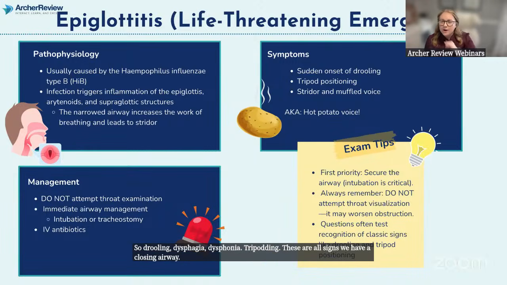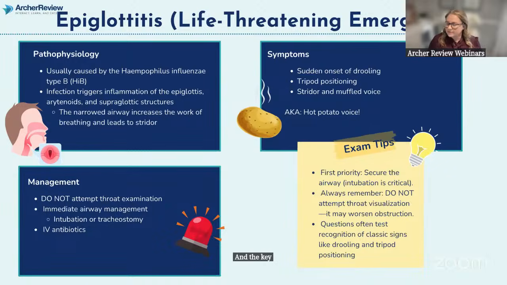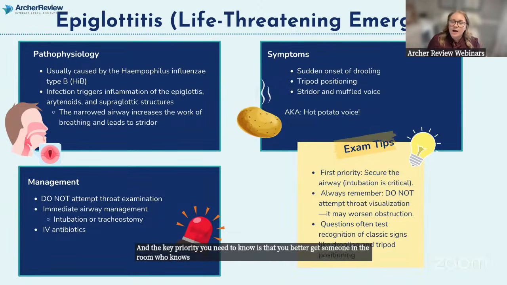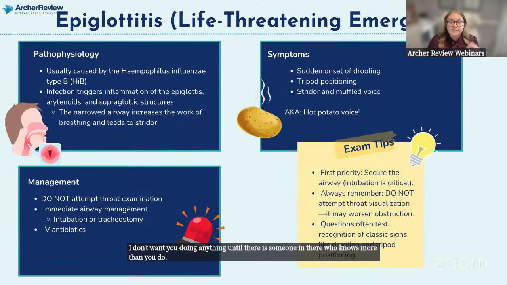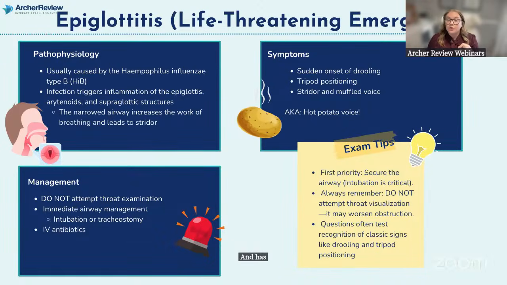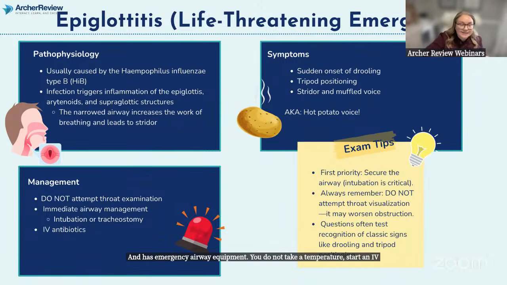And the key priority you need to know is that you better get someone in the room who knows how to intubate that child. I don't want you doing anything until there is someone in there who knows more than you do and has emergency airway equipment. You do not take a temperature, start an IV, start humidified oxygen.